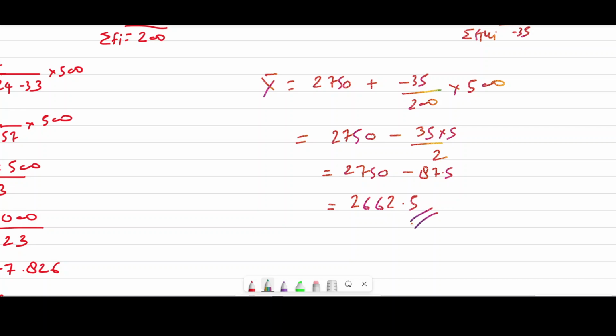This is the monthly expenditure in rupees. This is the whole answer.